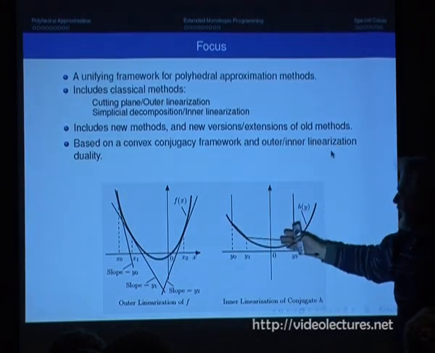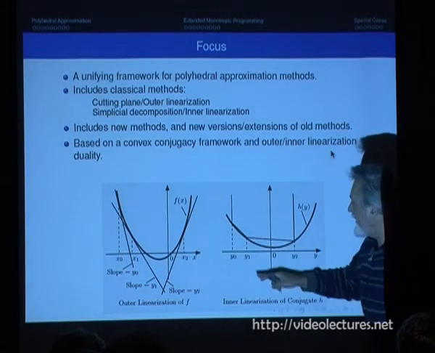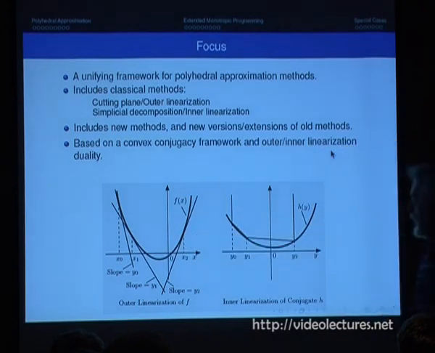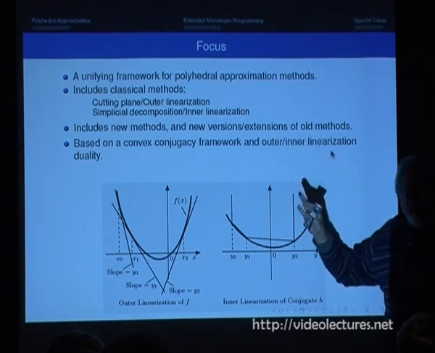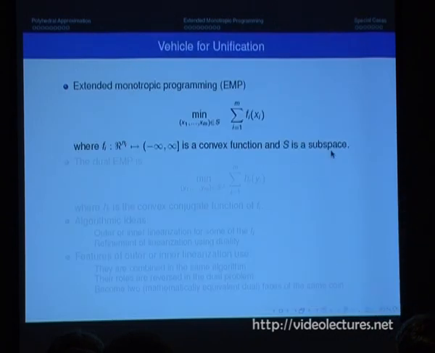And reversely, from an inner linearization, we obtain an outer linearization, where the slopes here determine the points of contact. So this is known, but how exactly inner and outer linearizations connect is not very clear, and I'm going to try to explain that in my talk.